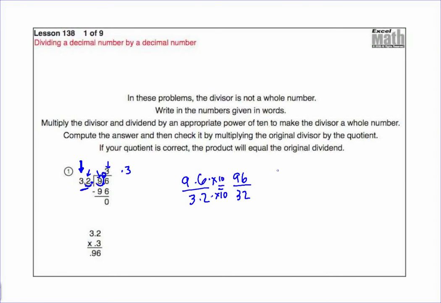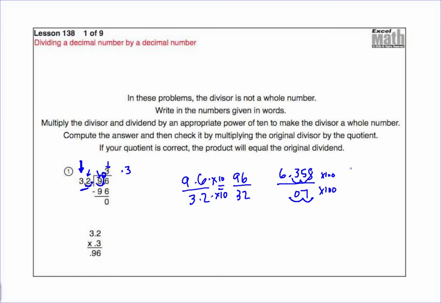Let's say we've got the problem 6.358 divided by 0.07 or something like that. Well, what I want to do is multiply this by 100. So I'm actually timesing it by 100 to get the decimal point out of that number. I have to multiply that times 100 also.